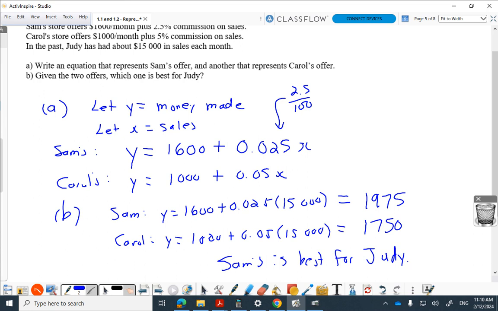I just plug those in to find out which ones works better. Sort of makes sense. Sam's starts at 1,600, so it really looks like Sam's is going to be better. Can you imagine, though, that at some point, if she sells a lot of stuff, Carol's might get better because she's getting 5% of her sales. So it might get better. It will get better. But we'll talk more about that as the chapter goes along. Any questions there?